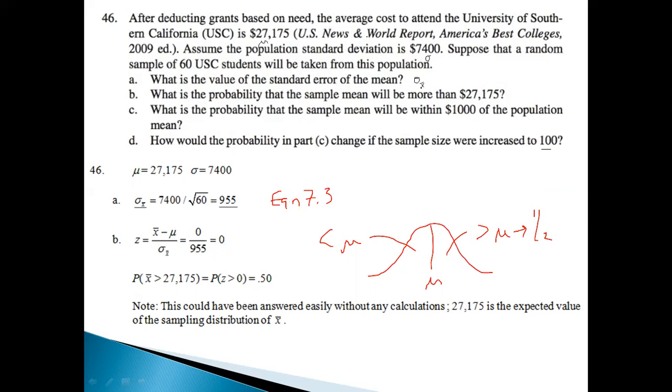Now the next one, what is the probability the sample mean will be more than the mean? Well, that's the mean, and what is the probability that it's going to be greater than?